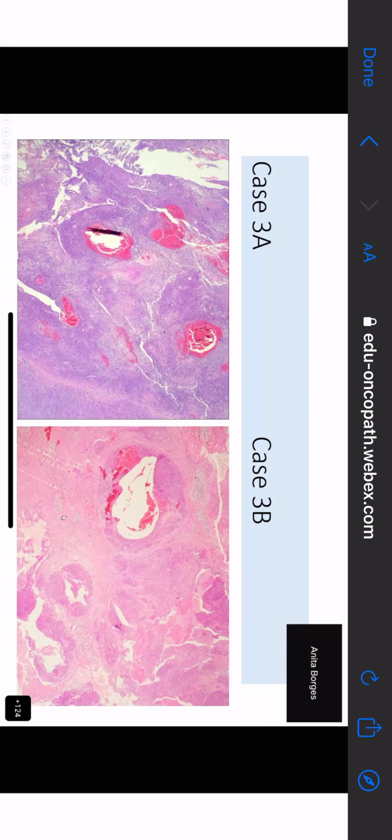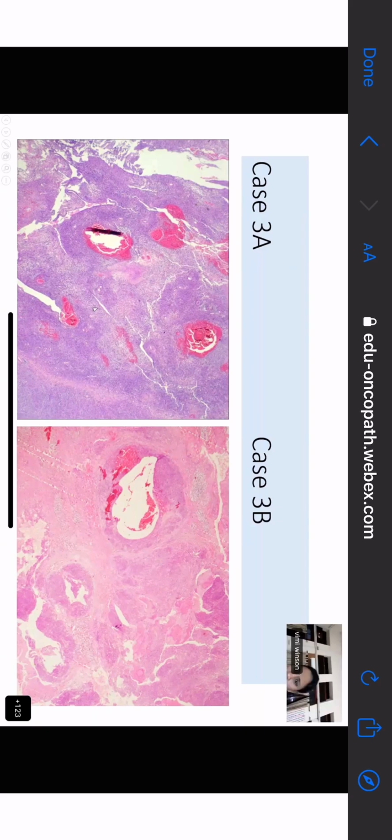Do you notice something on the right hand side, that is case 3B? Yes, there are other spaces, multiple. There are spaces, some with blood in them and others not. And you also see some spaces that are almost like cracking artifacts in the tissues. You see that here?